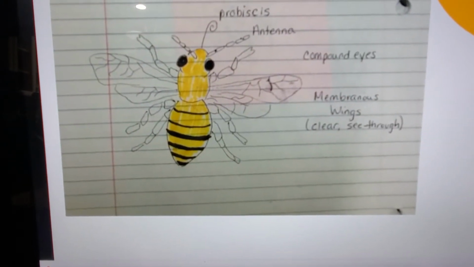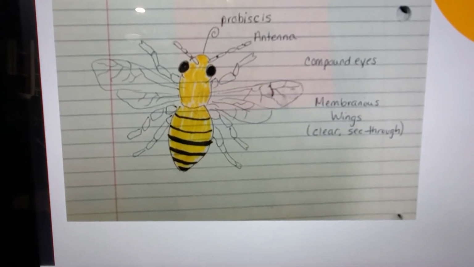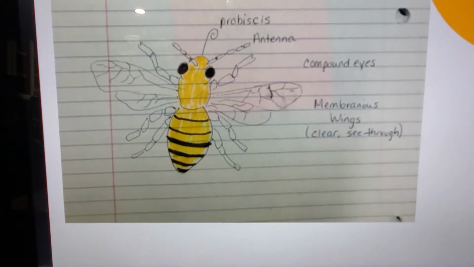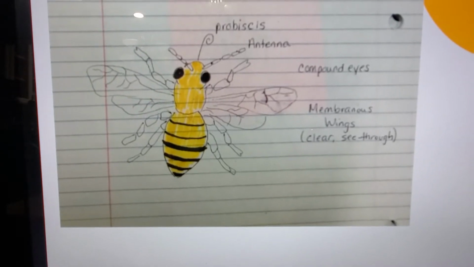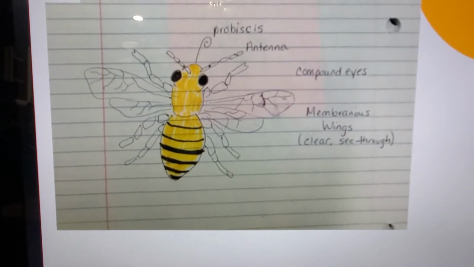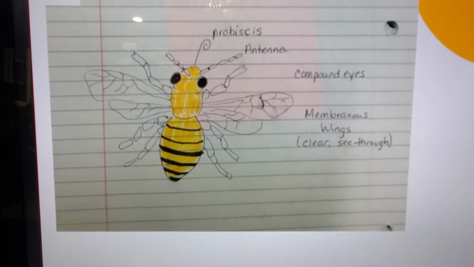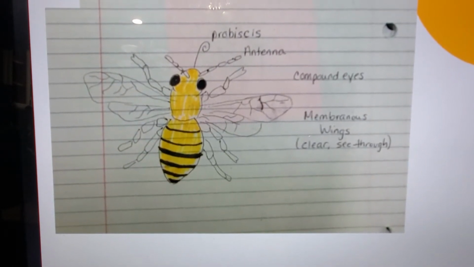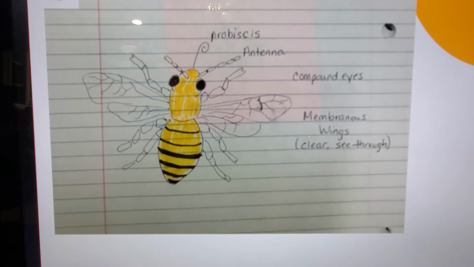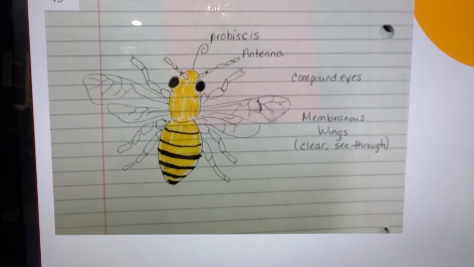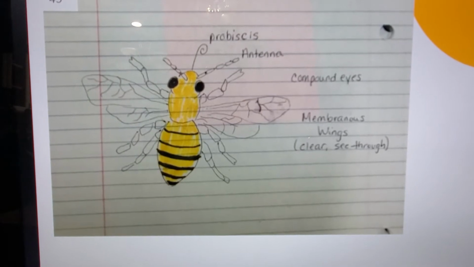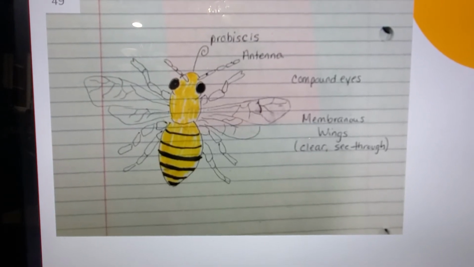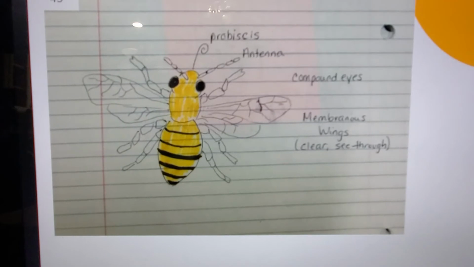Their eyes are usually what are called compound eyes, meaning that there are many eyes that make up one eyeball. The wings sometimes are what is called membranous, meaning they're made up of a clear membrane, a clear type of cell. They're see-through.